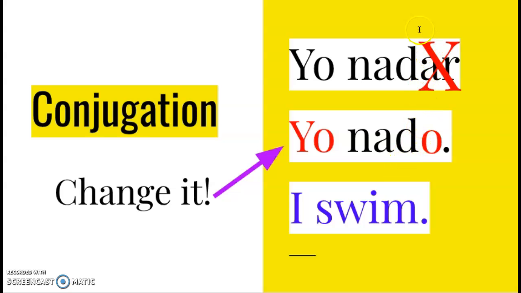We change it. We get rid of the last two letters, the AR ending, and then we put something different on here. Okay, so we use O for yo. So every time you want to say I do something, the verb is going to have an O on the end. So this sentence, yo nado, now means I swim. Okay, that's what conjugation is.